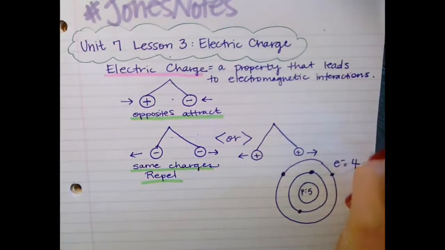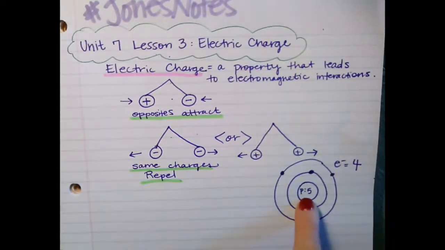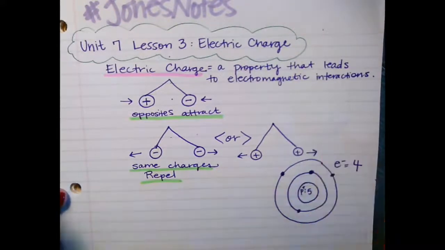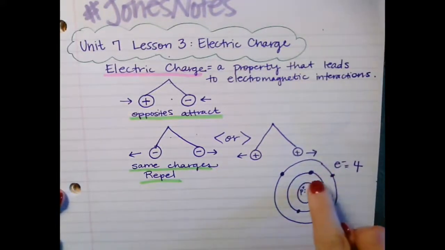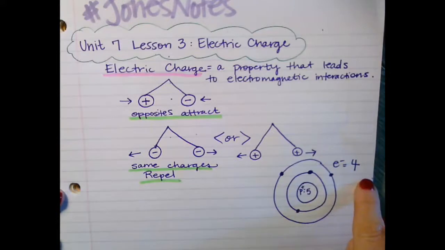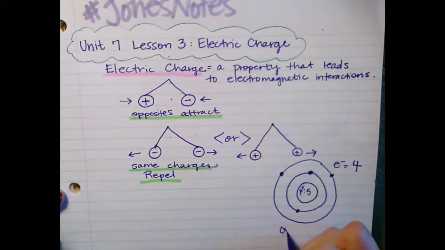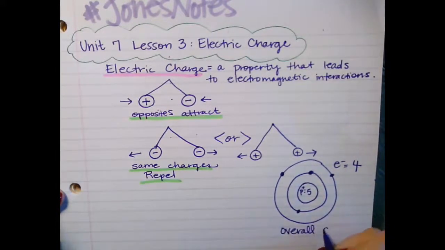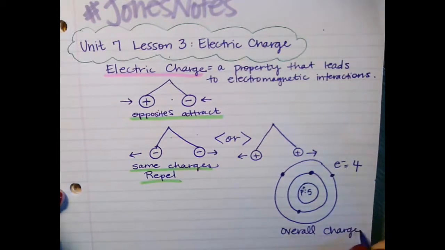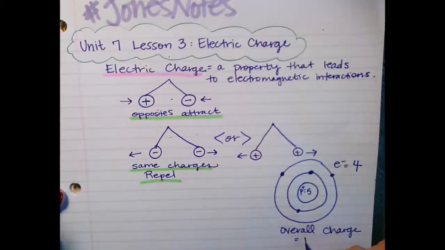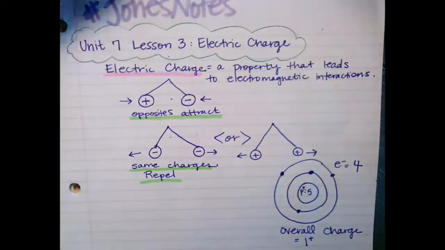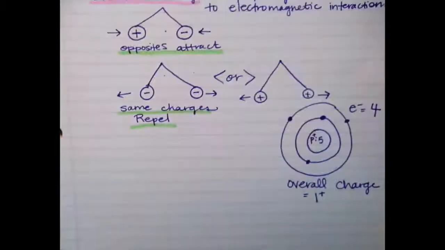Protons, there are 5, and protons are positive, electrons are negative. So if I have 5 positive and 4 negative, then this one would have an overall charge of 1, and it would be positive because there's 1 extra proton than there are electrons.